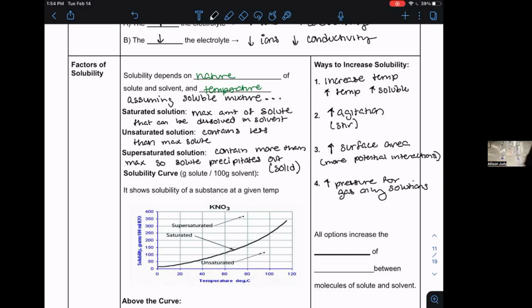Okay, this right here is a supersaturated solution. If I were to heat it up, it will dissolve. But as it cools, I have way too much solute in here, and it doesn't have that oomph of pseudo solubility, so it will saturate out.